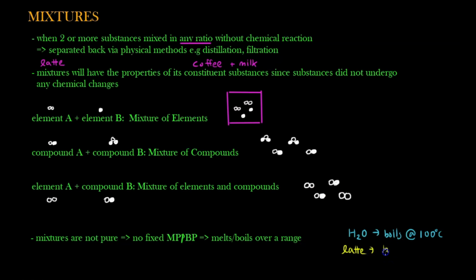It will boil at around, for example, 80 to 100 degrees Celsius. It's a range, and that is true for all mixtures, because they don't have any chemical names. They are really just a mixture of things stirred together. A good example would be latte, which has a range of boiling temperature. And that is all the difference between elements, compounds, and mixtures.